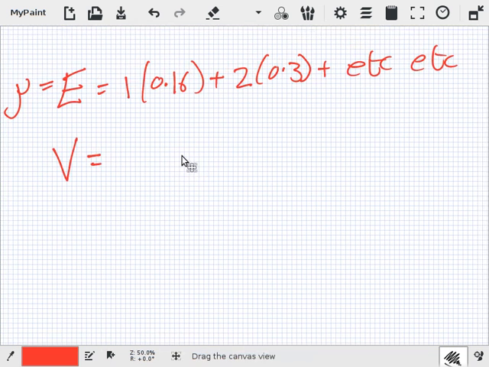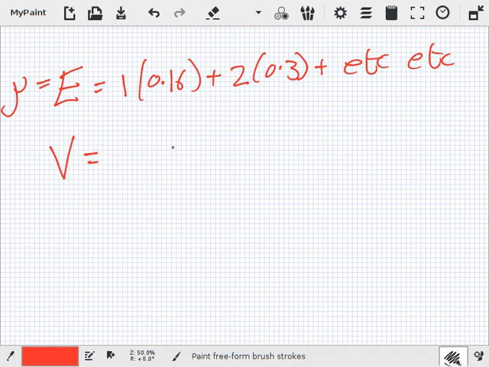You can see mu and E are the same thing, just a different letter. So you can write the formula like this: sum of X squared P, is it? Minus E squared. So in this one, tell me, Tom, what would be the numbers I add?